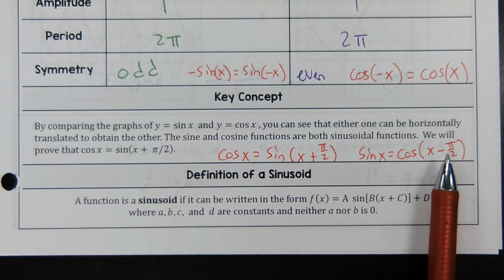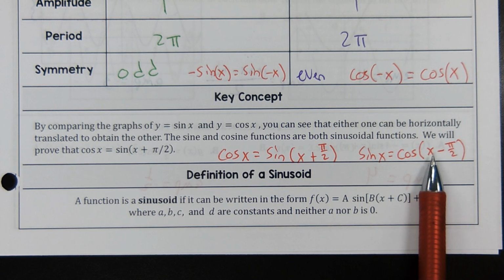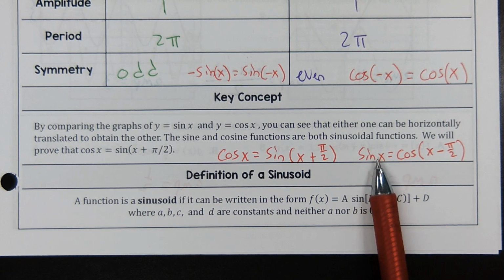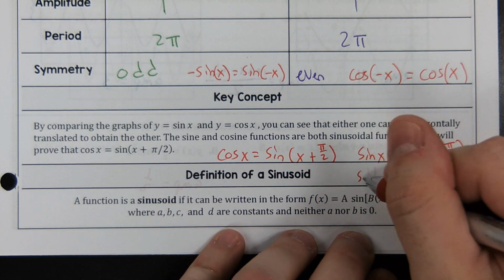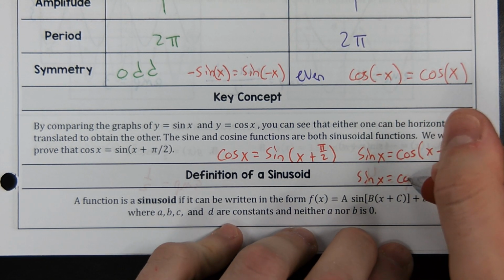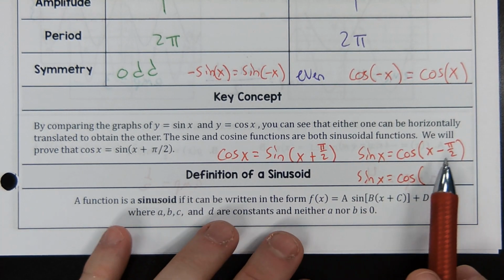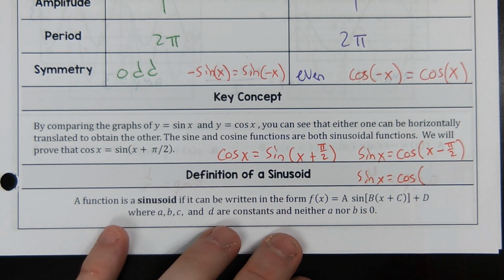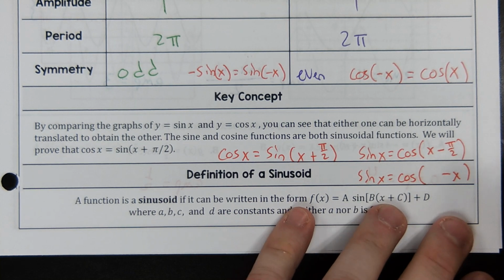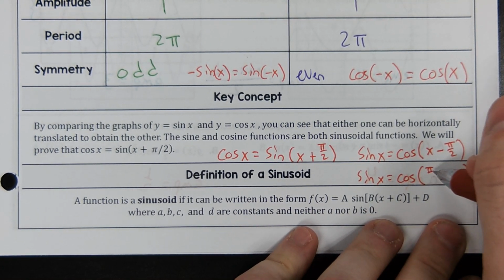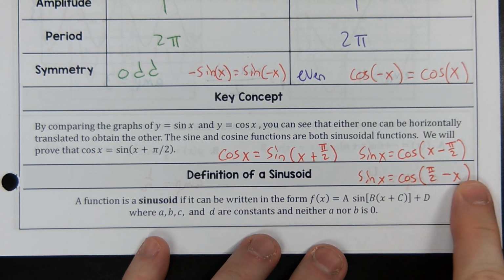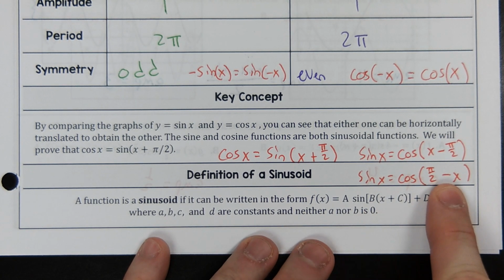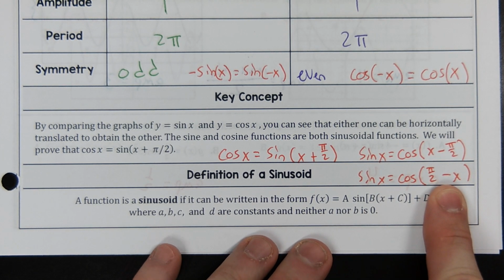So if I multiply this argument by -1, it won't affect this side of the equation. But if you multiply these by -1, this becomes -x, and this becomes positive pi over 2. This is typically how we see these identities in textbooks.